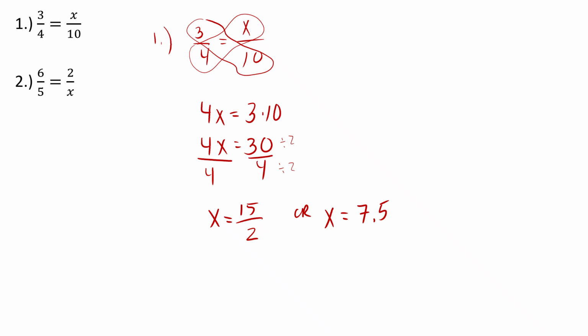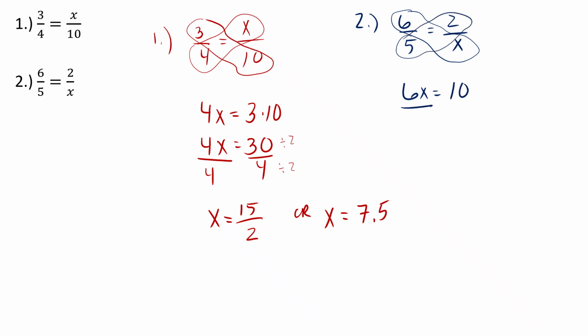Okay, so that would be the first one. Second one, our variable is on the bottom, in the denominator, and that is on purpose just to make sure that we remember our cross multiplication. So 6 times x is equal to 5 times 2, which is 10.